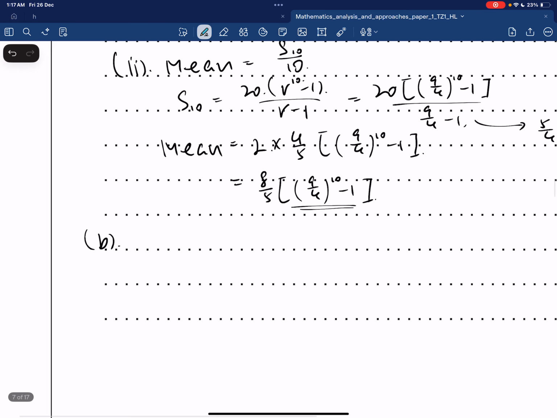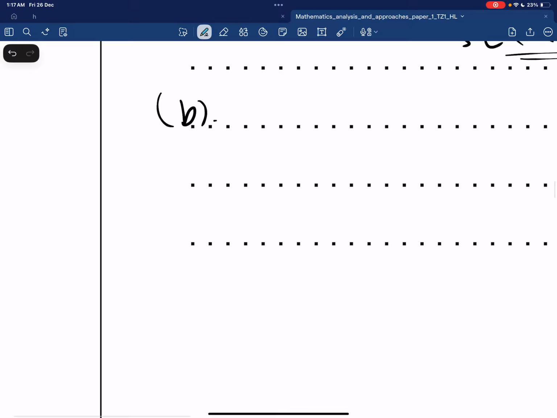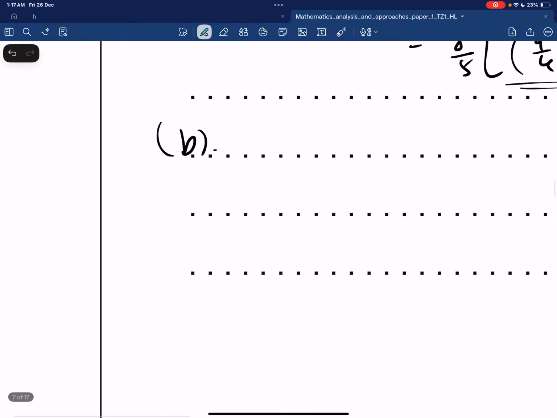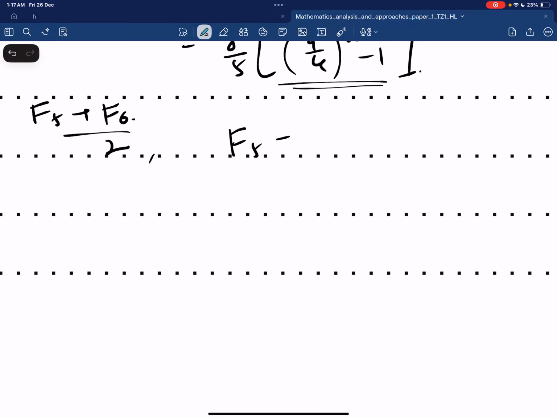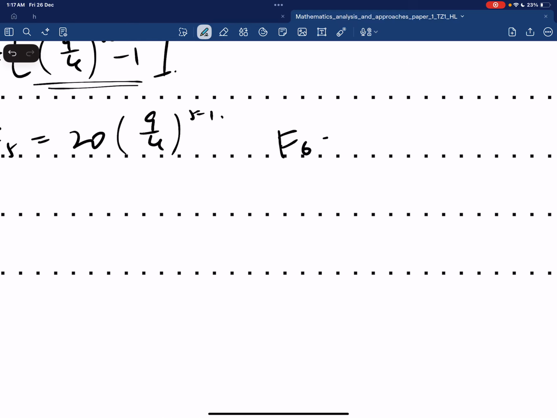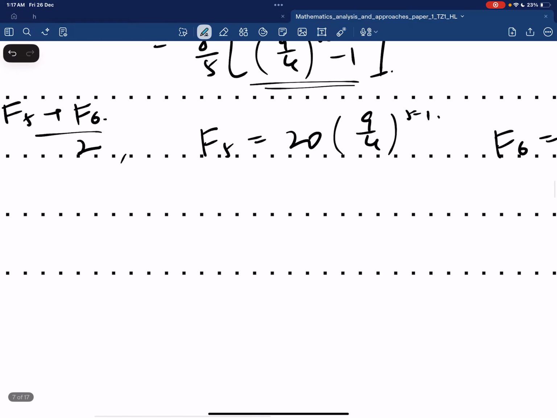So the median would be the average of the two terms, F5 plus F6 over 2. And we have F5 as 20(9/4)^(5-1), and F6 as 20(9/4)^(6-1).